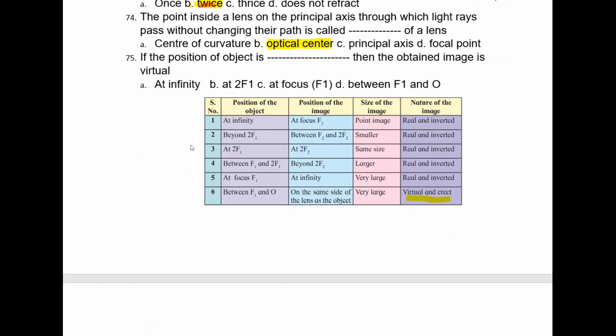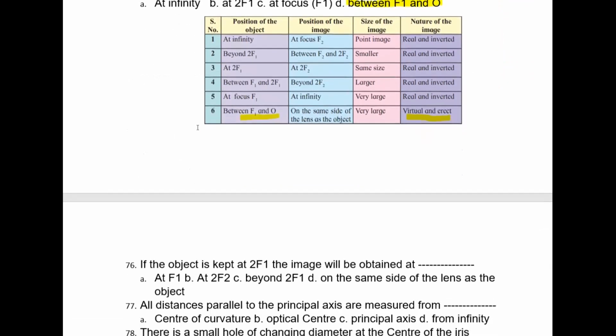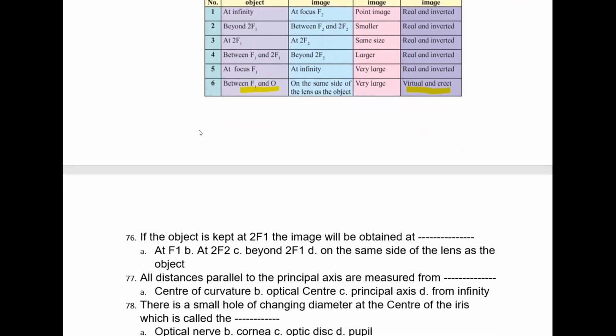That is, if the position of the object is between F1 and O. So the answer is option D, F1 and O. Next question is, if the object is kept at 2F1, that means the image will be obtained at dash. If the object is at 2F1, the position of the image will be at 2F2. So the answer is option B, 2F2.